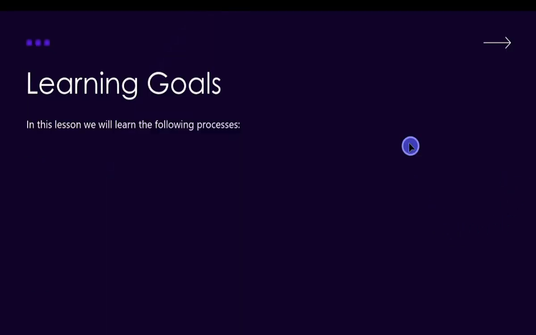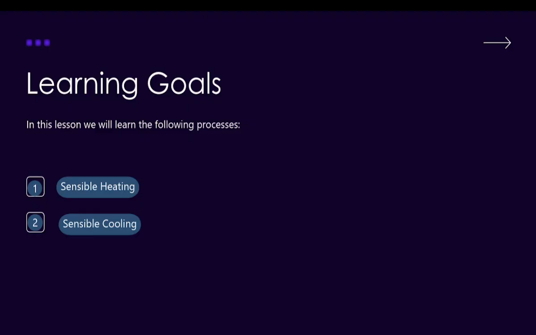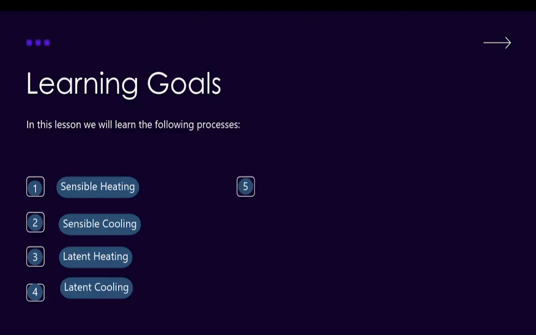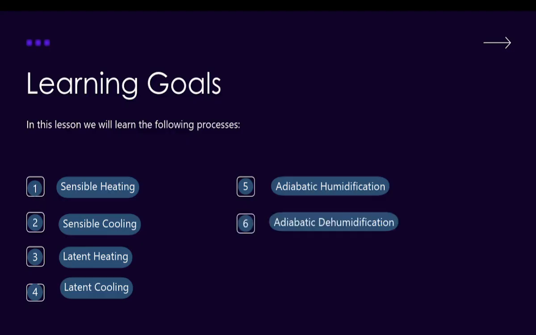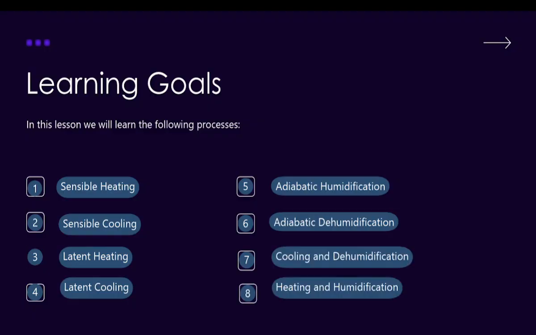Learning goal of this video. In this lesson, we will learn the following processes: sensible heating, sensible cooling, latent heating, latent cooling, and adiabatic humidification, adiabatic dehumidification, cooling and dehumidification, and in the last, heating and humidification.